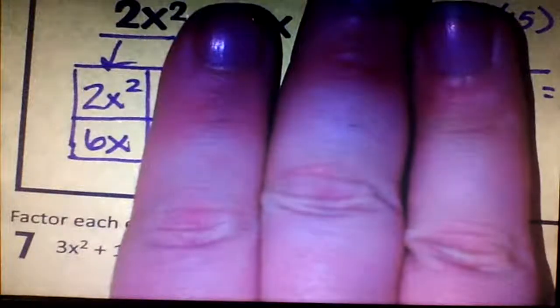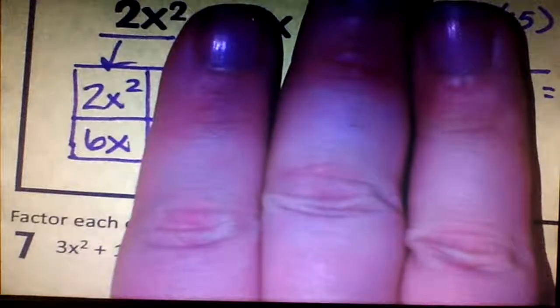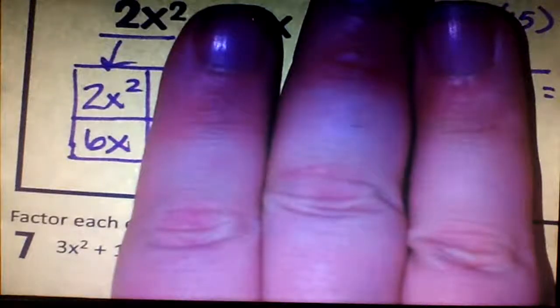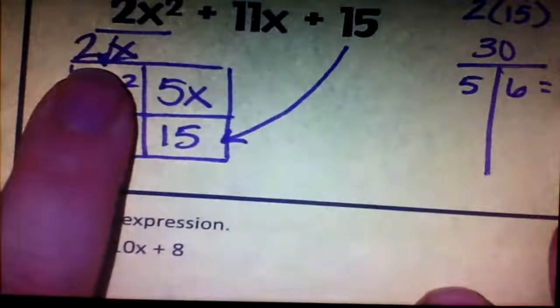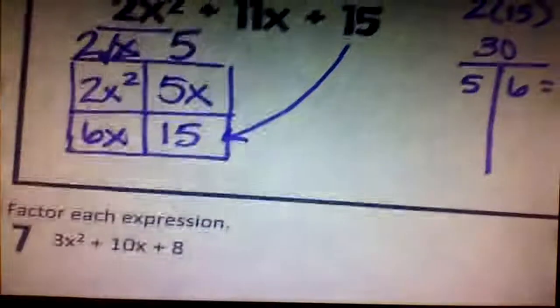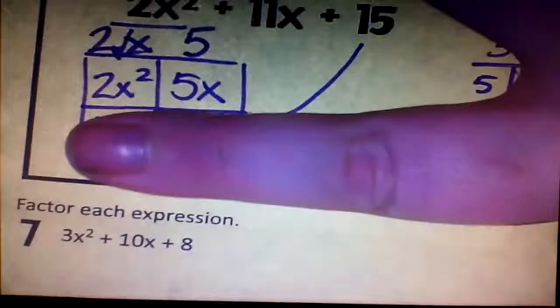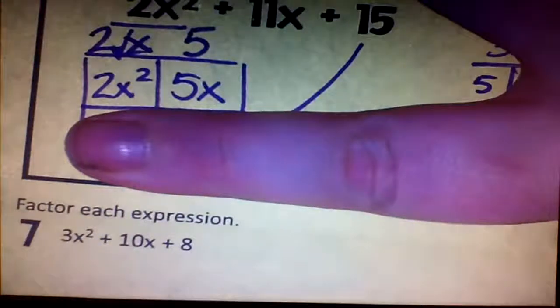So then we pull out greatest common factors. What do these two share in common? 2 and x. What do these two share in common? 5. What do these two share in common? Just an x.